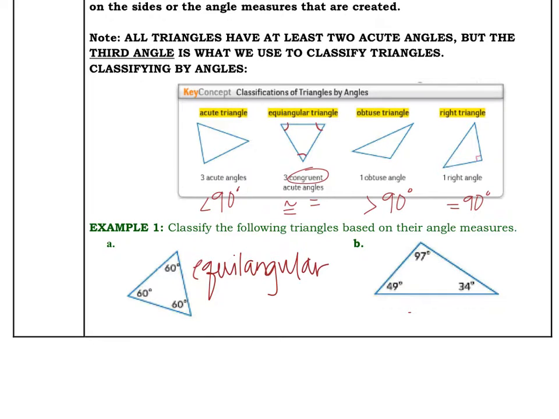So what's going on in B? Why obtuse? Because there's one that's greater than 90. So even though there's a 49 and there's a 34, even though both of those measures are acute, as long as I have 1 obtuse angle, it is an obtuse triangle, yeah?